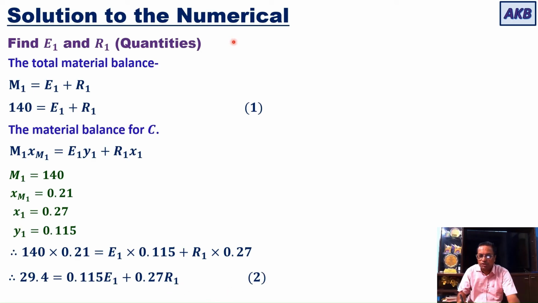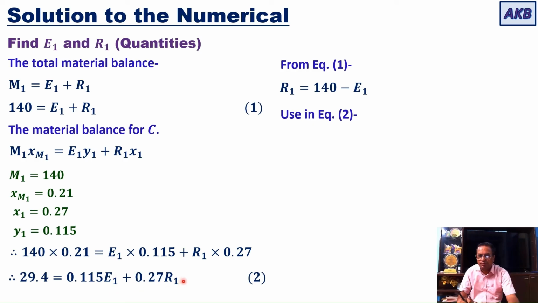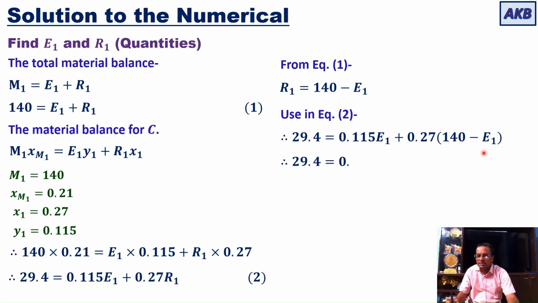So if you look at equation 1 and equation 2, these are two equations in two unknowns. Which are those two unknowns? E1 and R1. Let us get those unknowns. So from equation 1, I can write R1 is equal to 140 minus E1. Now I'm going to use it in equation 2. Wherever there is R1, I'm going to replace that with this expression. So it will be 29.4 is equal to 0.115 E1 plus 0.27 into 140 minus E1.